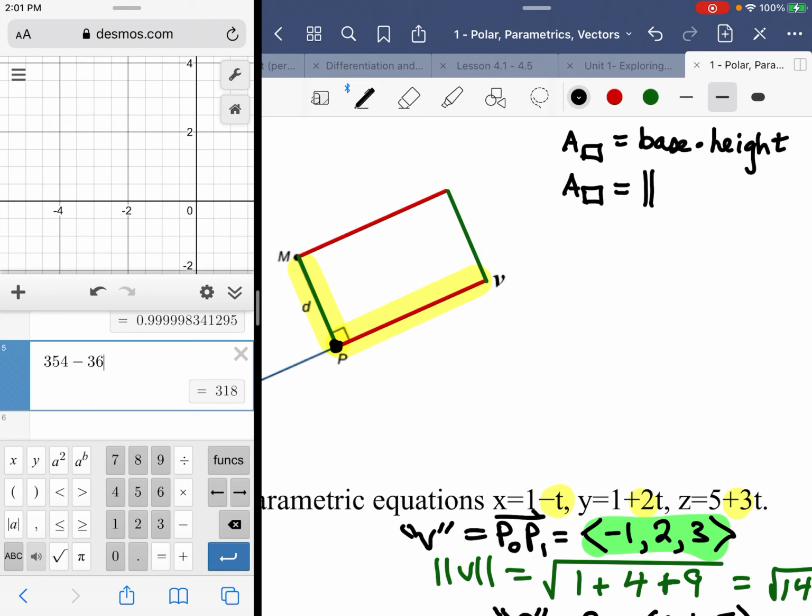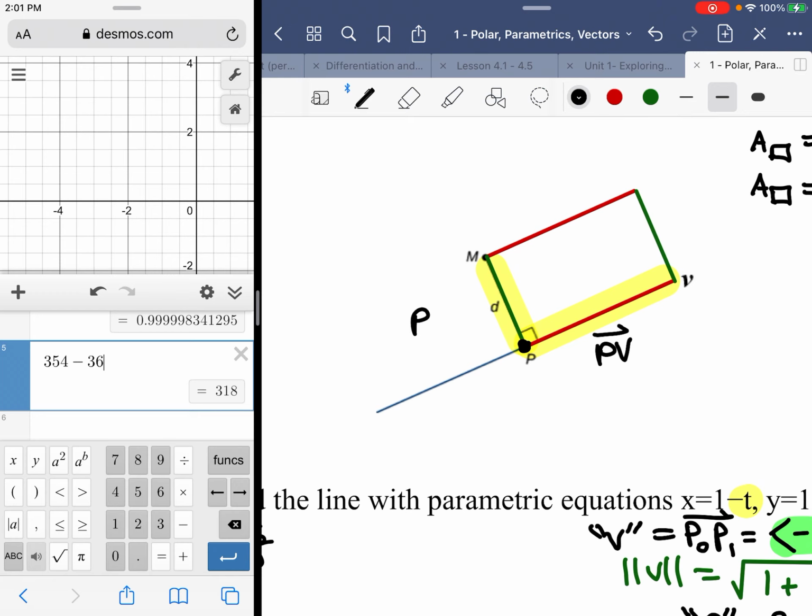It's labeled the way it is, so I'll use it that way. We'll call this vector PV, and this one would be PM.